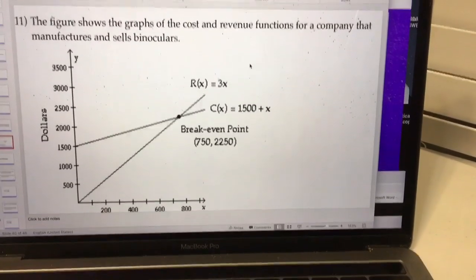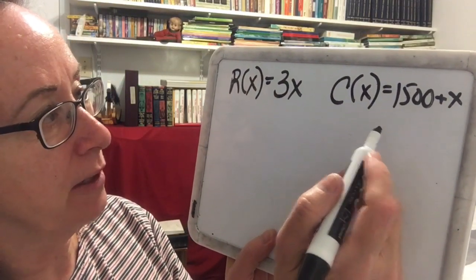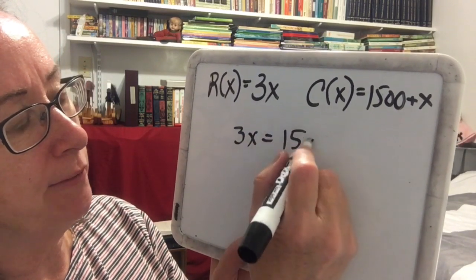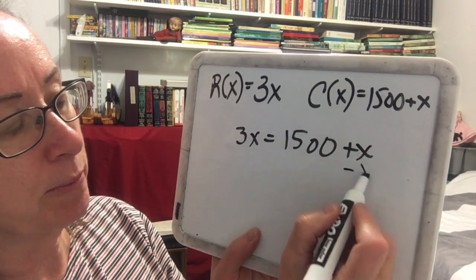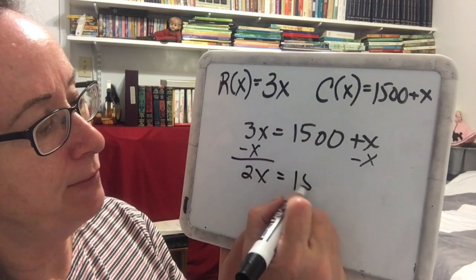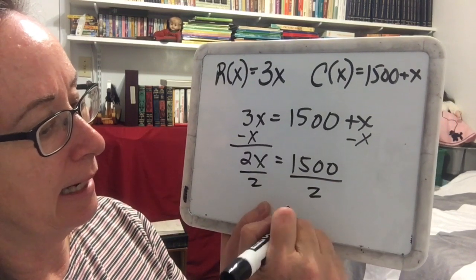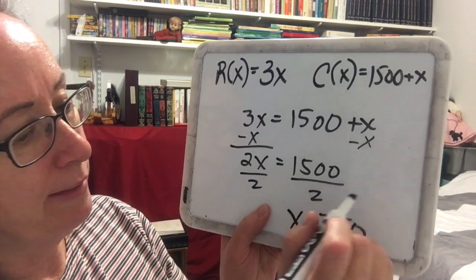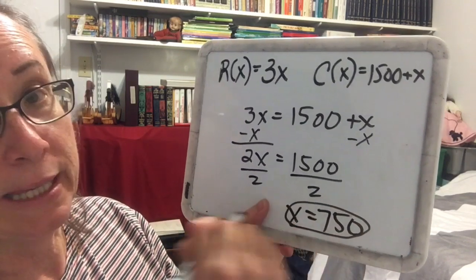So we are going to set these equal to each other, and we're going to say that 3x equals 1500 plus x. When I subtract this x from both sides, I get 2x equals 1500, and then I divide by 2 on both sides, and I get x is 750. So that is the number of binoculars that I'm going to make to break even.